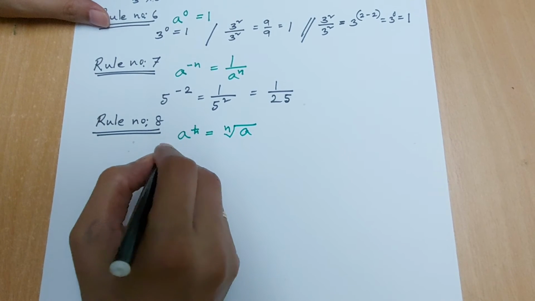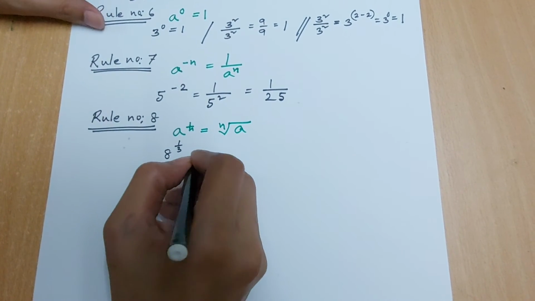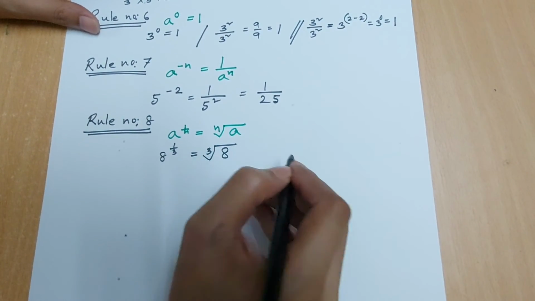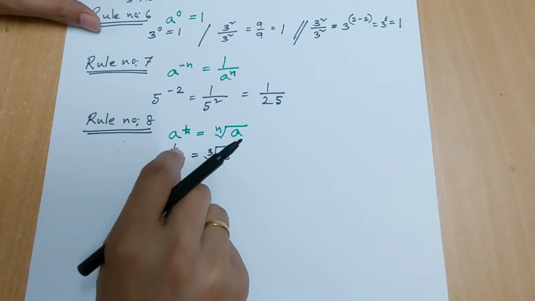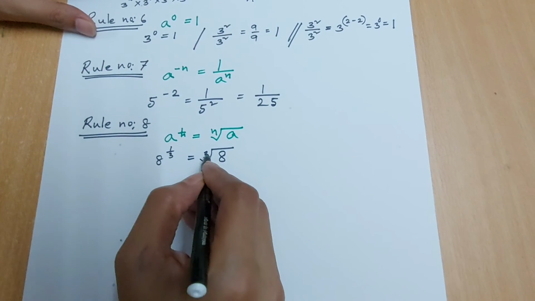For example, 8 power 1 by 3 equal to cube root of 8. 8 has a power that is a fraction, and the denominator of the fraction will make the root.